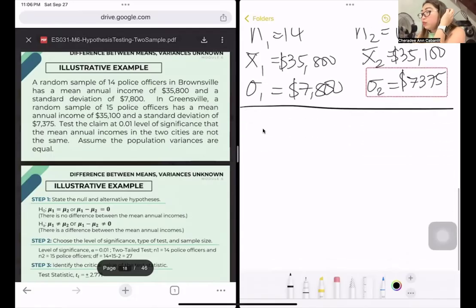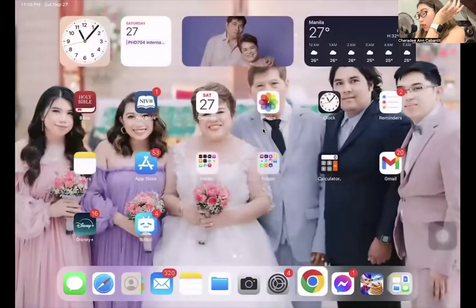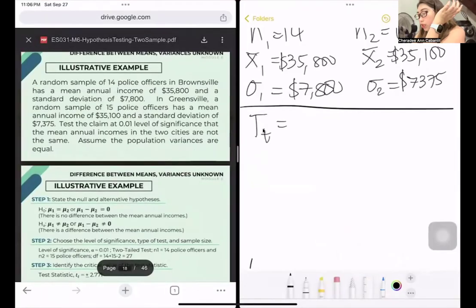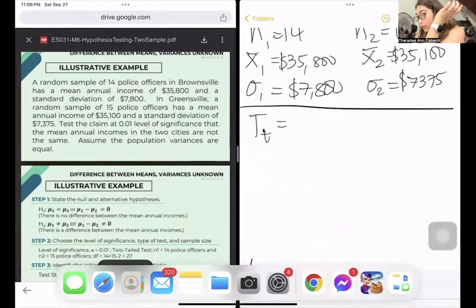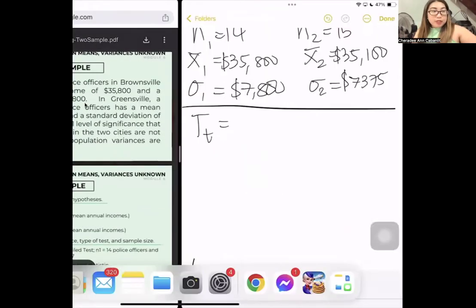Now let's proceed to the third step, which is to get the t table value. For the critical value, we go to the t table. Let me just share the t table here so that we don't need to open new tabs.